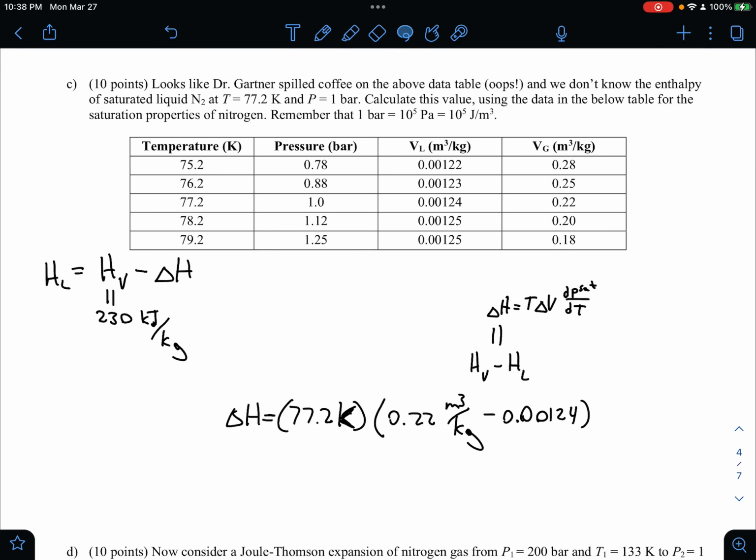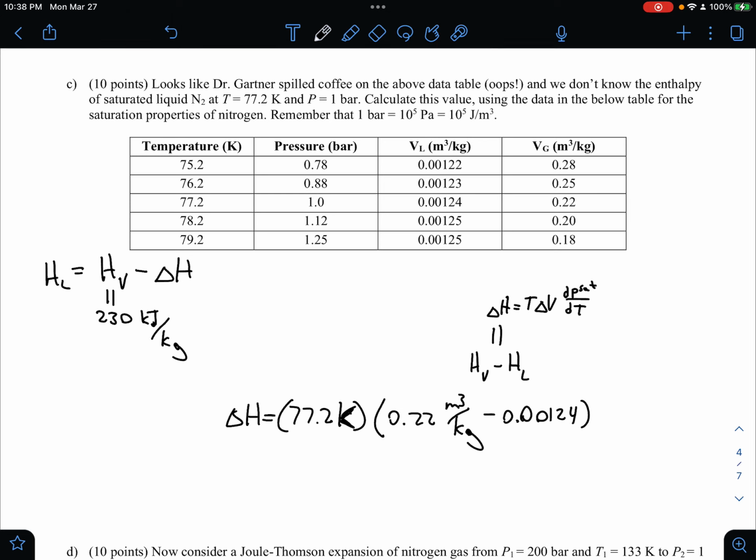I'm going to give myself a little more room here. That is going to involve looking at a delta P over delta T from this table. Here are the pressures, here are the temperatures. Since we have something above and below, let's use a centered finite difference formula.